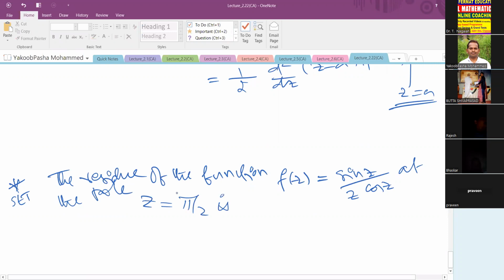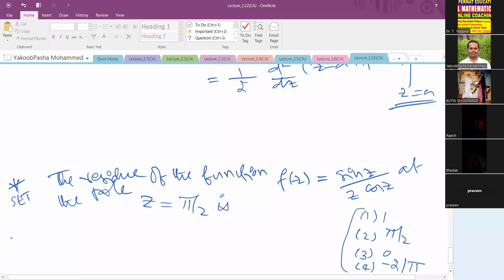At this pole, we have to calculate the residue. So we have options here. First option 1, second option pi by 2, third option 0, and the fourth option minus 2 by pi.